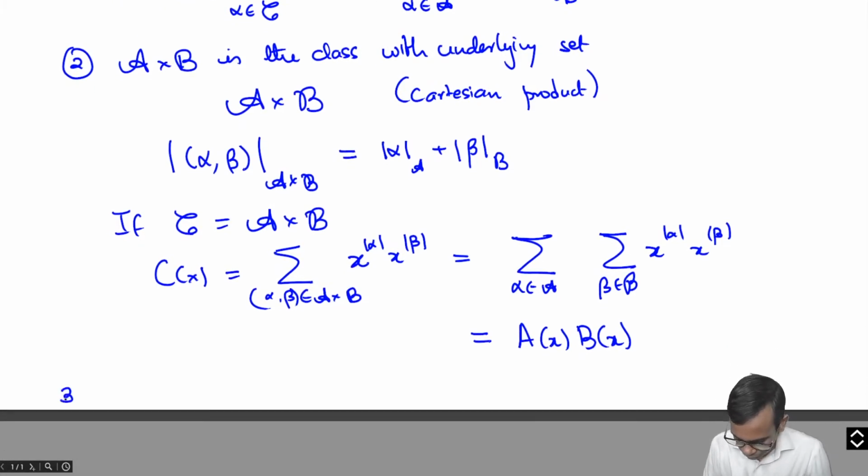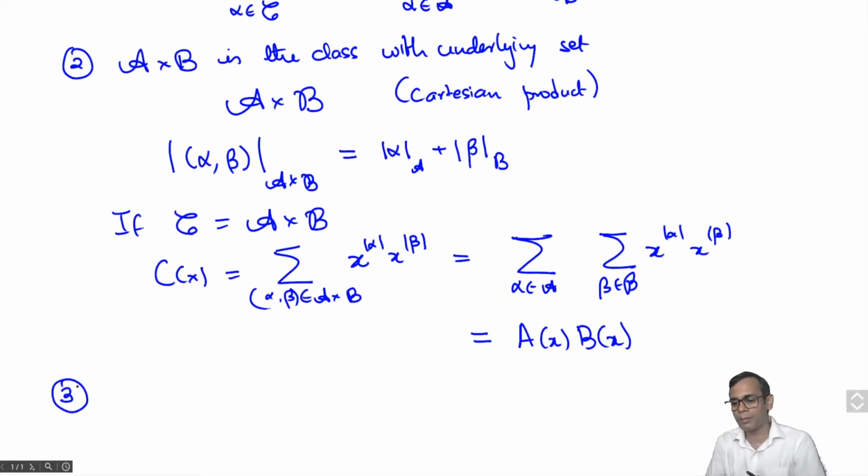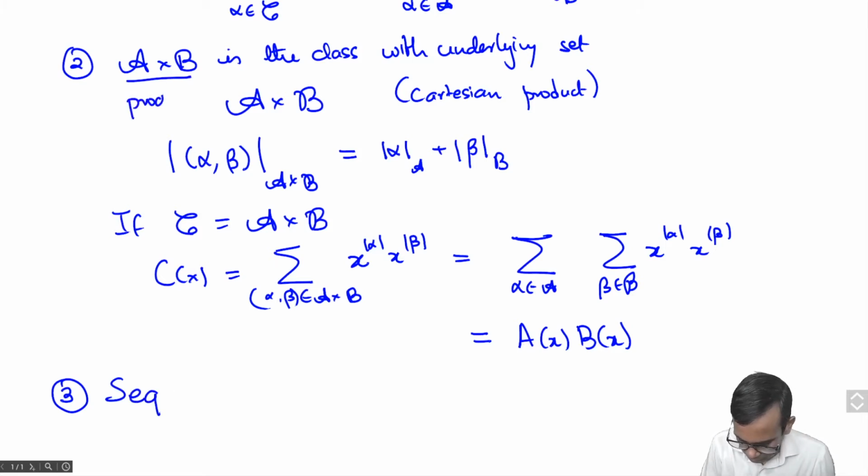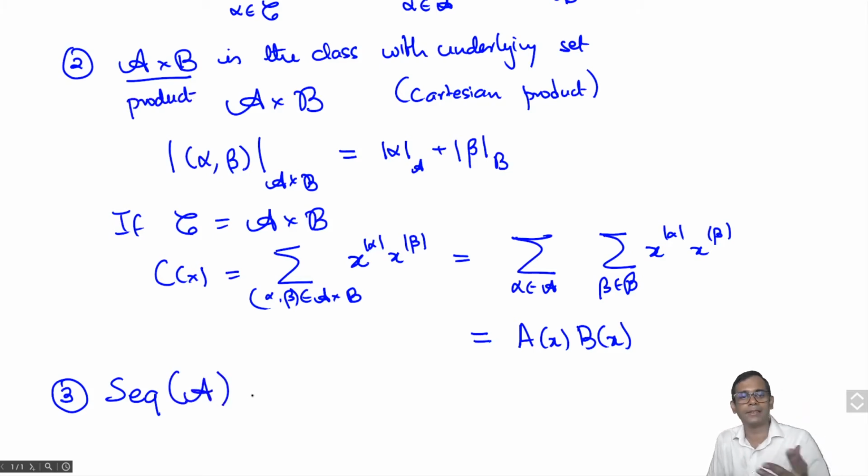And the last construction operation that I will be introducing in this lecture is the sequence construction. This is called the product, and now I'll be introducing the sequence of A. So this is defined in terms of sum and product. It's defined as, firstly, a singleton class with an element of size 0.